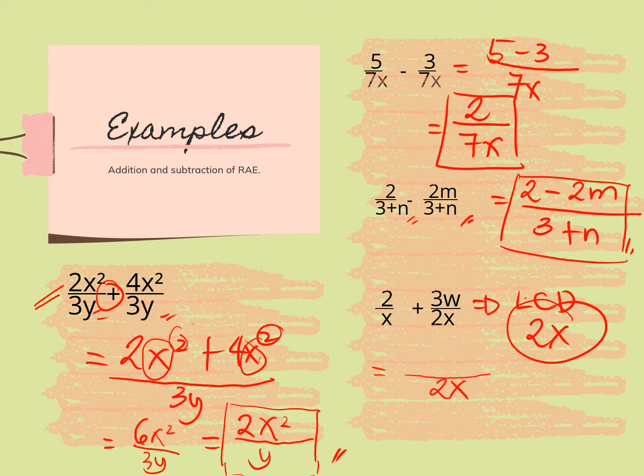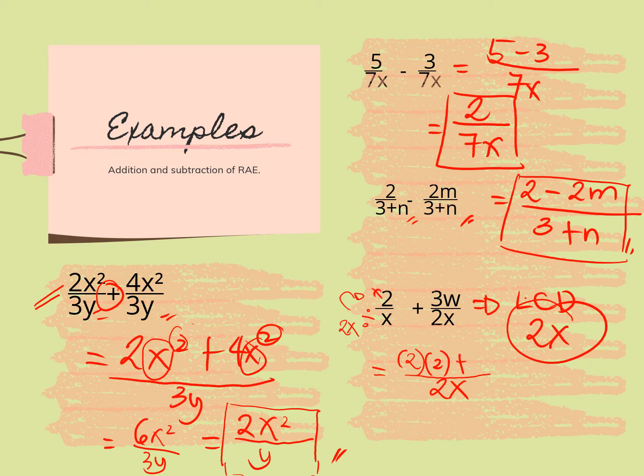Just like how we add fractions by getting the LCD, first divide the LCD by the denominator, and then multiply by the numerator. So, 2x divided by x gives 2, and then multiply by 2, so that is 2 times 2.